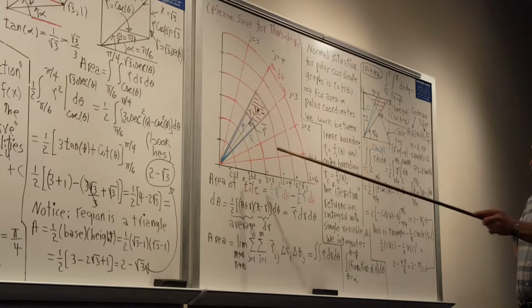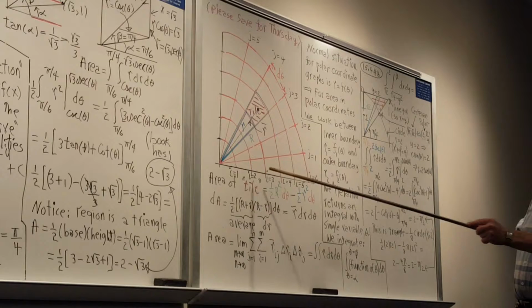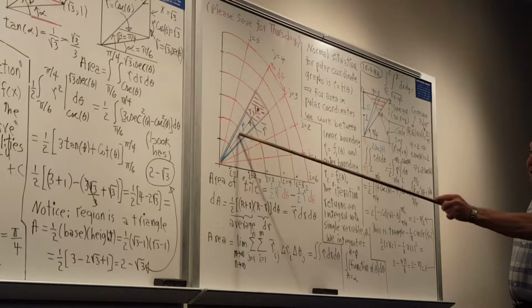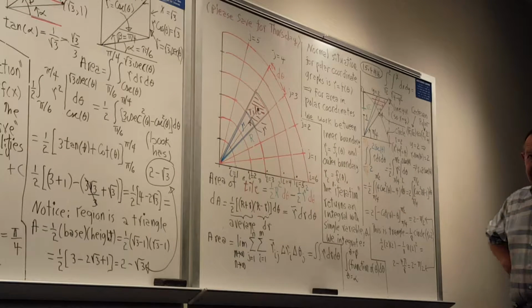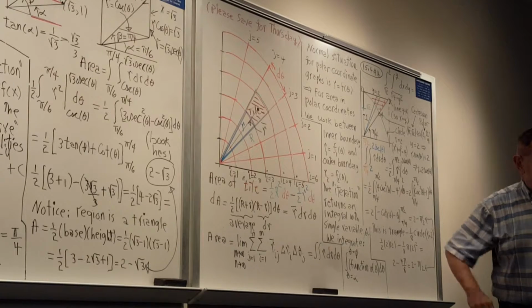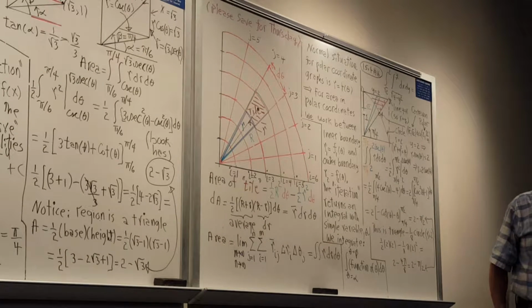And then I'm subdividing the angle theta through here, as we usually do with these upper and lower sums. I'm making equal divisions.